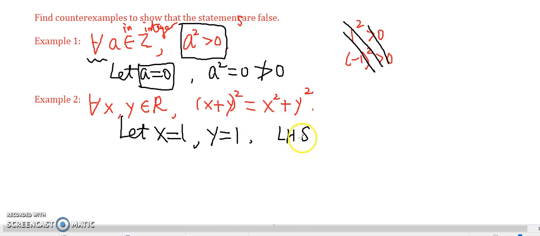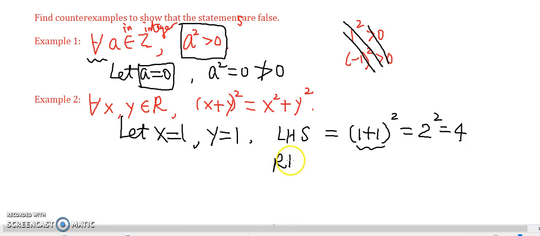The left-hand side equals, be careful, the parentheses squared. So what's in the parentheses? 1 plus 1. And notice the order of operations. We have to do the parentheses first. So we do 1 plus 1, that's 2, and we do 2 squared, that gives us 4.